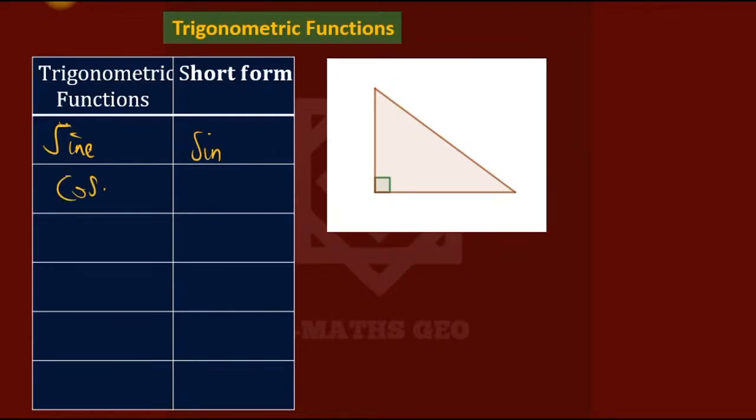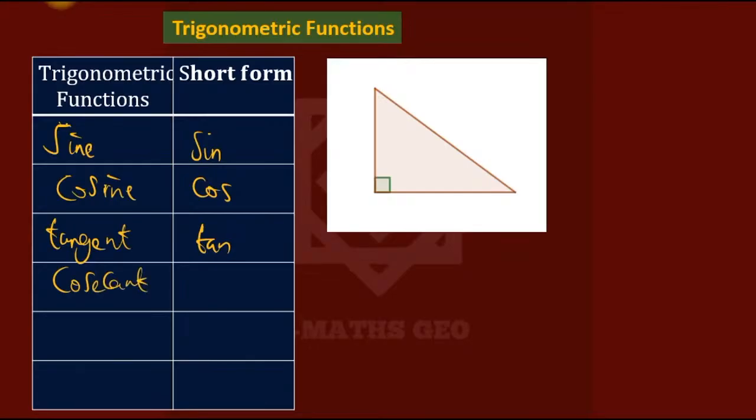We have cosine. Short form is cos. We have tangent. Short form is tan. We have cosecant.